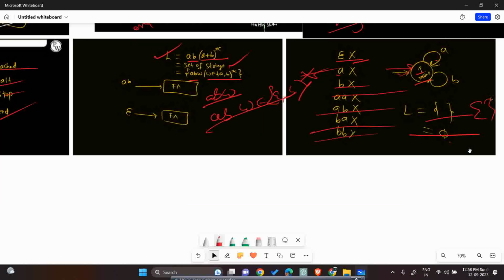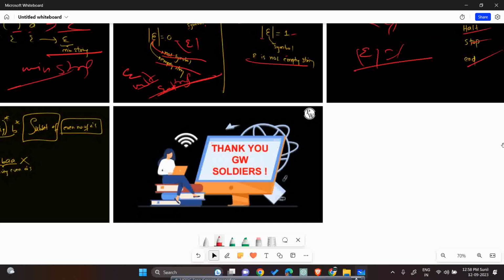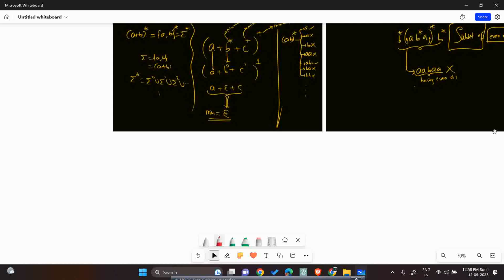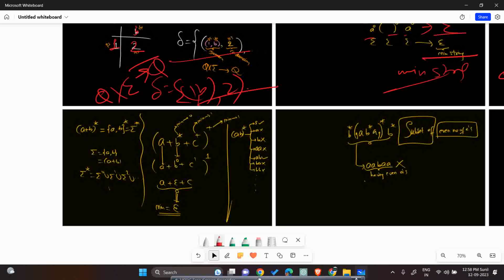This is another case. A plus B star, AB star are equal to this. These all are the same, right?